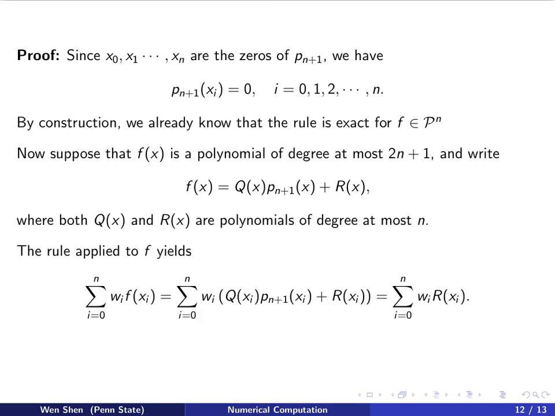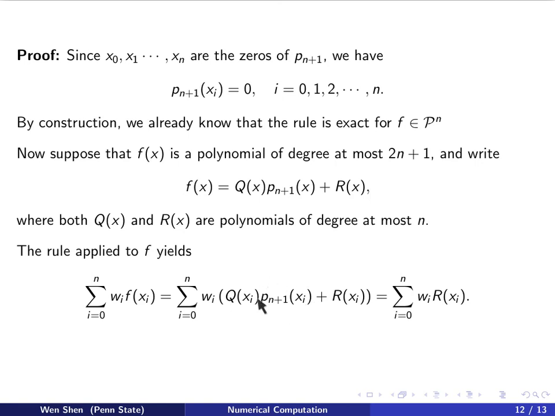Then we apply the integration rule to f. So the integration rule on f will be the integration rule applied to this expression, because we rewrote our f like that. And now we use the fact that the x_i's are zeros of P_{n+1}. Therefore, P_{n+1} evaluated at any x_i shall be 0.